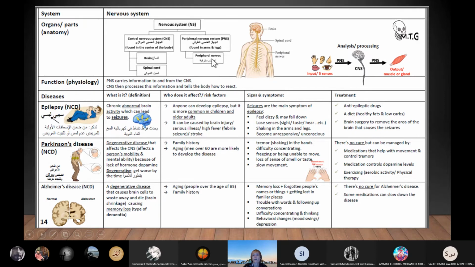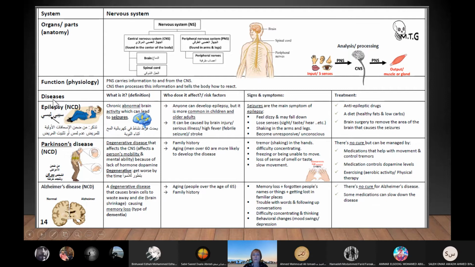Okay, that's the peripheral, in other words, all around. Right, so the function of the nervous system is to carry information to and from our central nervous system, allowing us to walk, allowing us to feel, okay, and telling us how to react. So if we touch something hot, it's telling us to remove our finger, okay? Tells the body how to react.